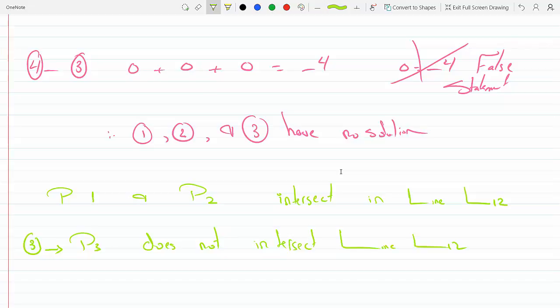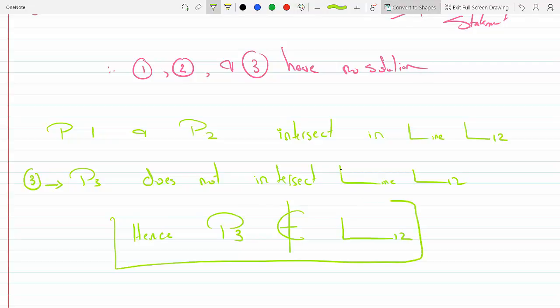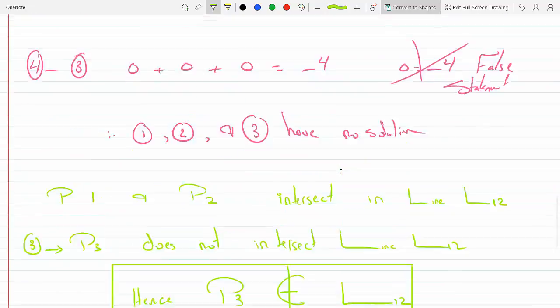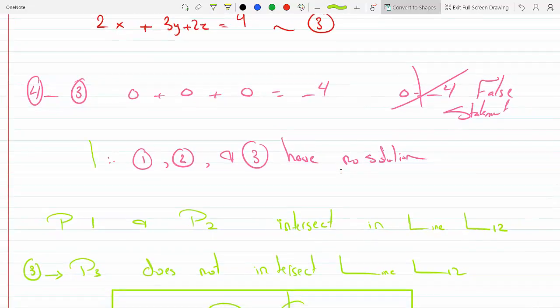Otherwise we would have been able to find the solution and therefore the point of intersection, and hence I can conclude that plane 3 does not contain, this symbol means does not contain, line L12. That does it. And here's another conclusion.